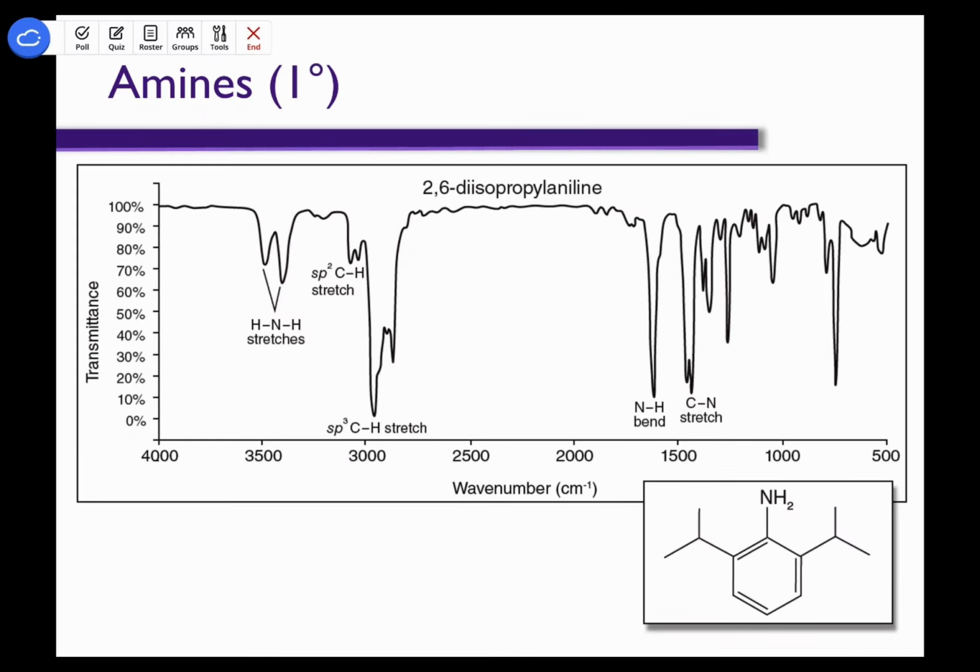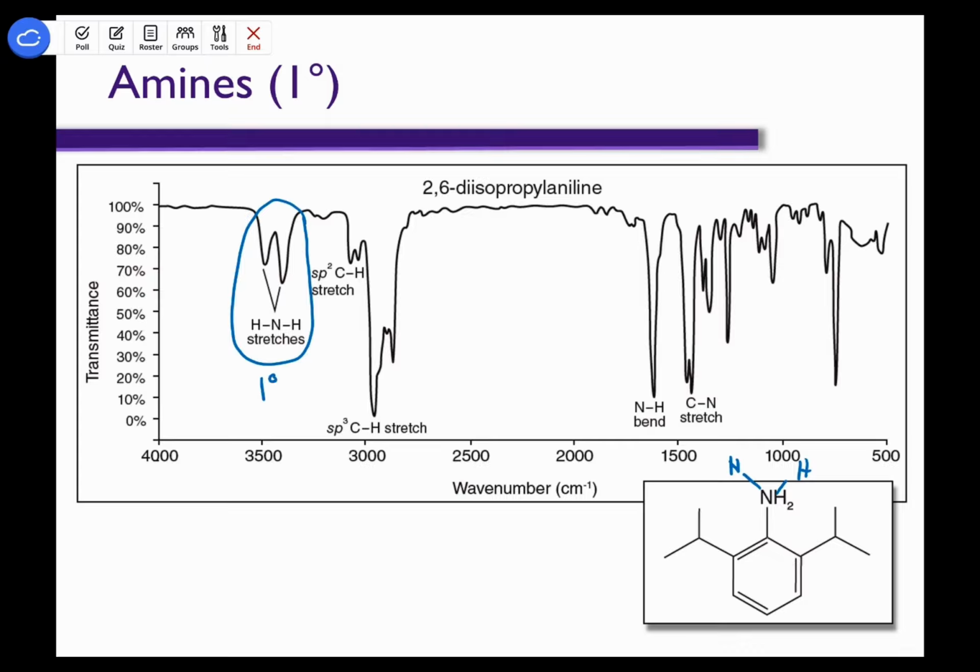Okay, now let's move on to our amines. Here, the unique peak that we're adding to our repertoire is our nitrogen-hydrogen bond stretching. This happens, as we can see in our table, in the 3,300 to 3,500 wave number region. So it matches what we would expect. This nitrogen here is a primary amine.